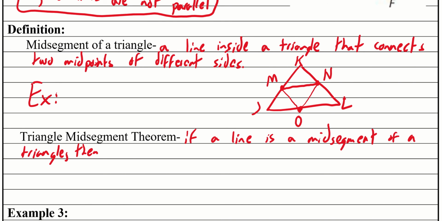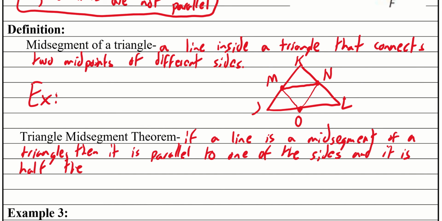Number one, it is parallel to one of the sides of my triangle, and also it is half the length of that side. So two things that I know if I see a midsegment.